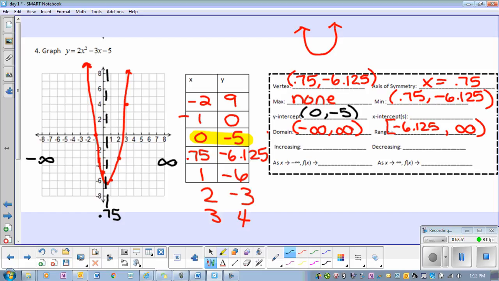What's it doing from here to here? Decreasing. What's it doing from 0.75 to infinity? Increasing. So there you go. Those are your increasing and decreasing intervals. Right?